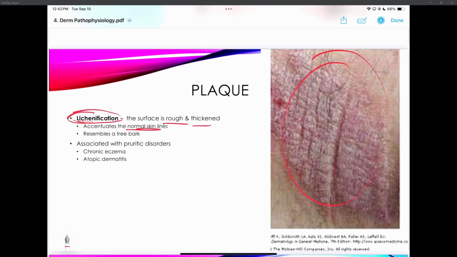It resembles tree bark. Associated with pruritic disorders. What is pruritic or pruritus? Itching, so itching disorders. Chronic eczema, atopic dermatitis. Over time, again, left untreated, can present as a plaque.